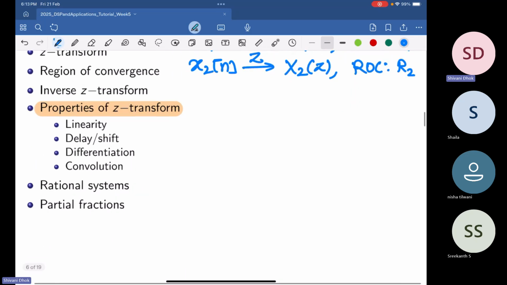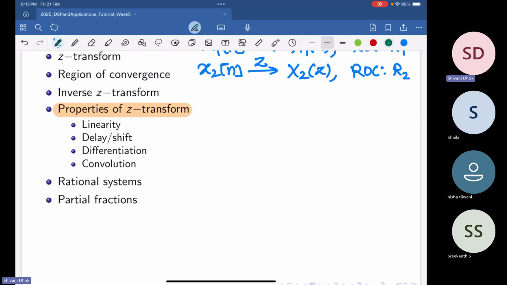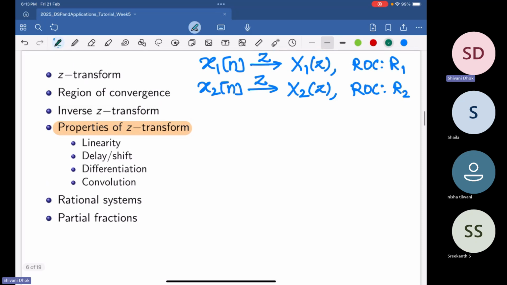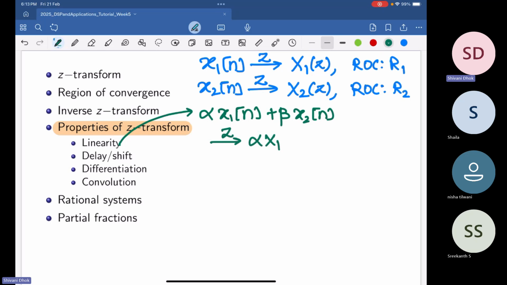Then the Z transform follows certain properties. The first property is the linearity property. This says that if I have a linear combination of my signals, that is alpha x1 plus beta x2, then its Z transform is given by alpha x1 of z plus beta x2 of z with ROC at least R1 intersection R2.